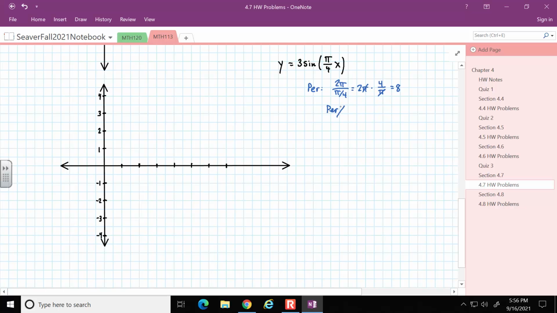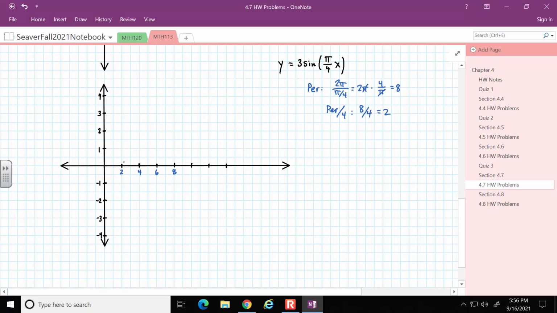You don't have to do it this way, but that's a way to measure out how far you want those tick marks to be. So period divided by 4 would be 8 over 4, or 2. So for each of those tick marks, I would have 2, and then 4, and 6, and 8. So that gives me 5 key points on my graph where I'm going to look.